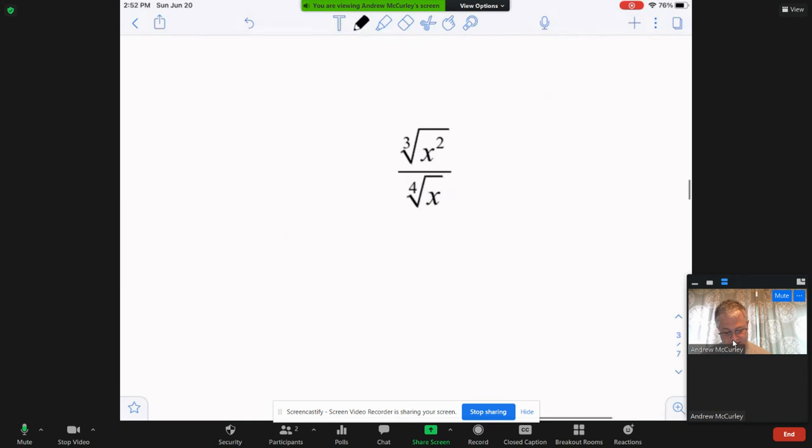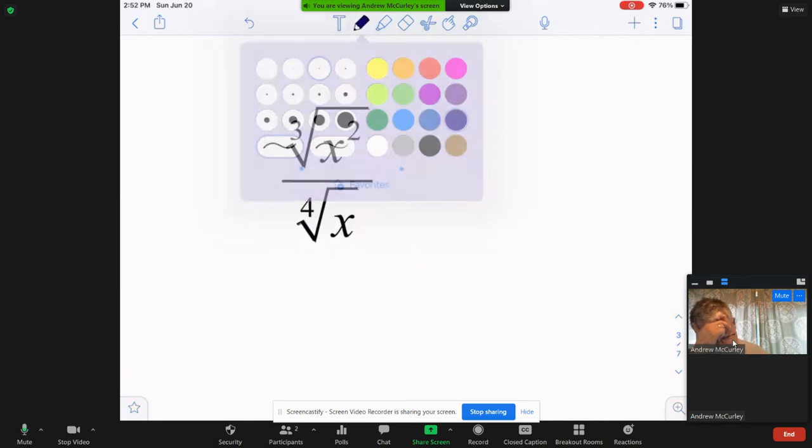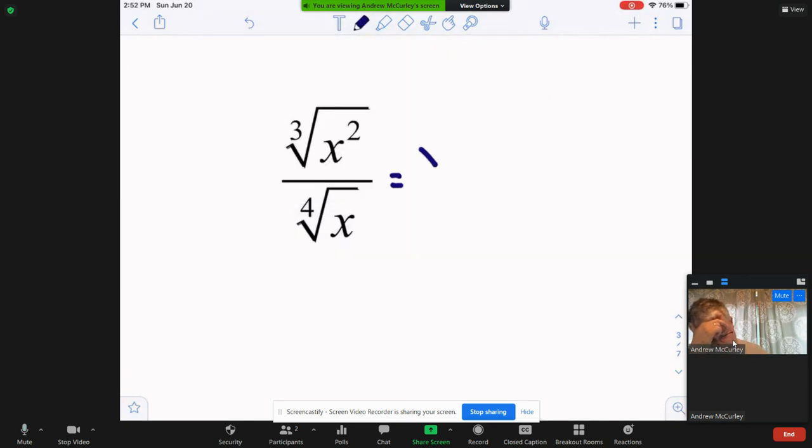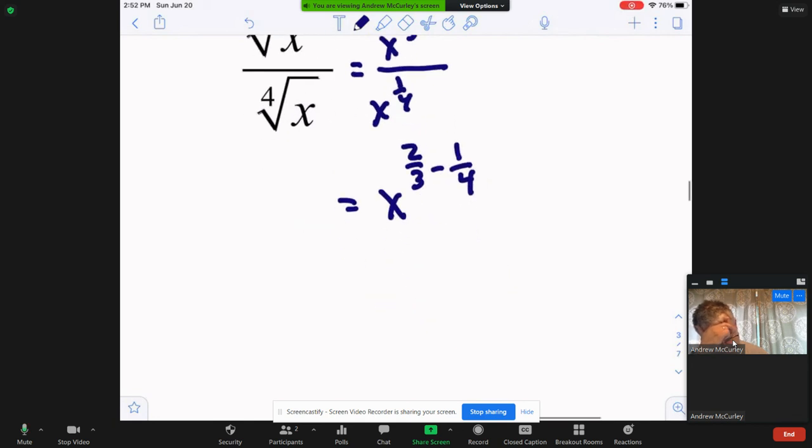Here we go, different exponents. But still, all the exponent rules work. x to the 2/3 over x to the 1/4. So that means this is going to be x to the 2/3 minus 1/4. I think we're back to 12 again.